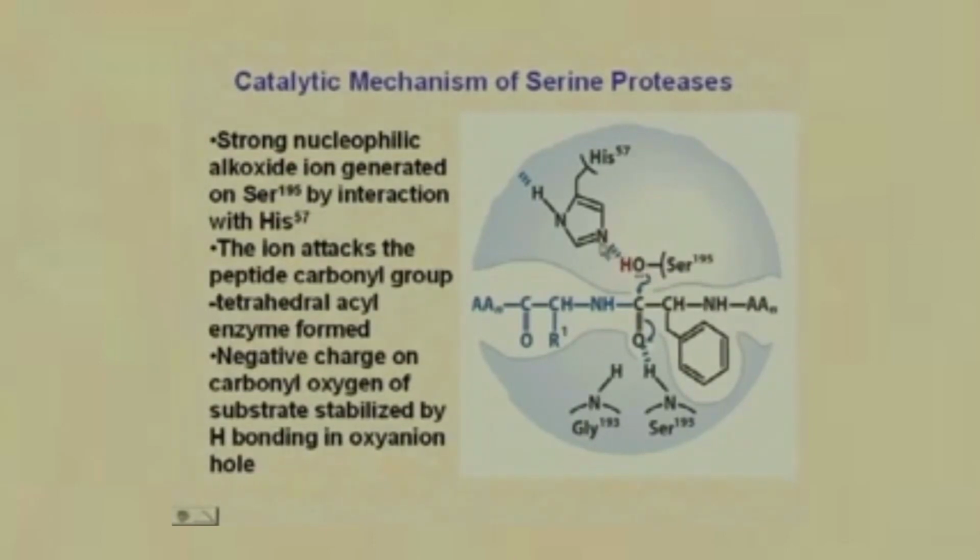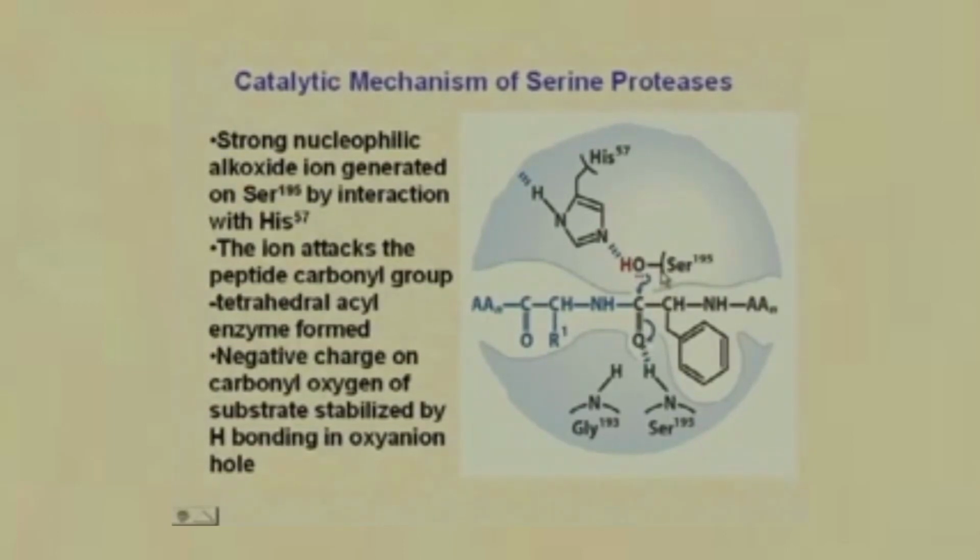After this abstraction, there is an ion at the serine side chain. What is this going to do? This is going to attack the peptide carbonyl group, and we have an acyl intermediate formed. What is an acyl intermediate? An OCO group.